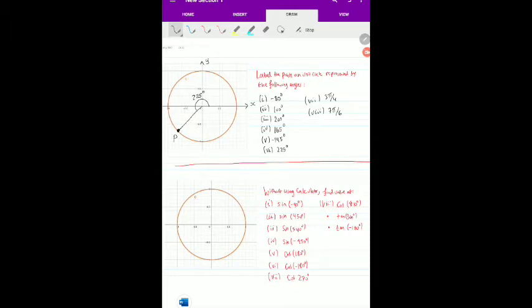225 degrees here. Finally, these two are in radians, okay? So don't worry about this if you haven't met radians yet. I presume you have. So 3 pi over 4 and 7 pi over 6. So a full turn is 2 pi, okay? So half a turn is pi radians. So we want 3/4 of a half turn.